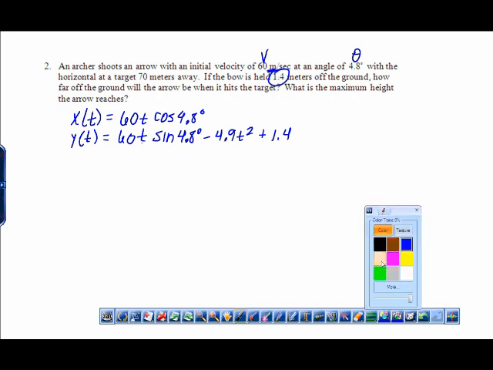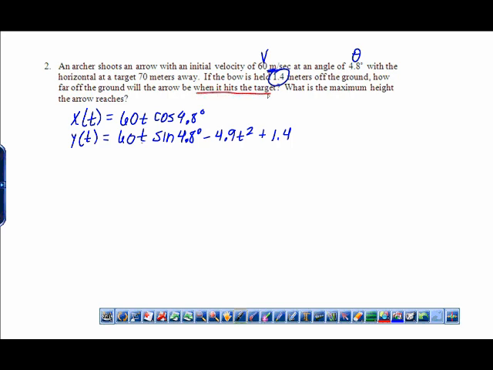All right, let's think about this. Let's think what makes sense. When the arrow hits its target, that's talking about a time when the horizontal distance is 70 meters away. So I need to figure out what that time is first.